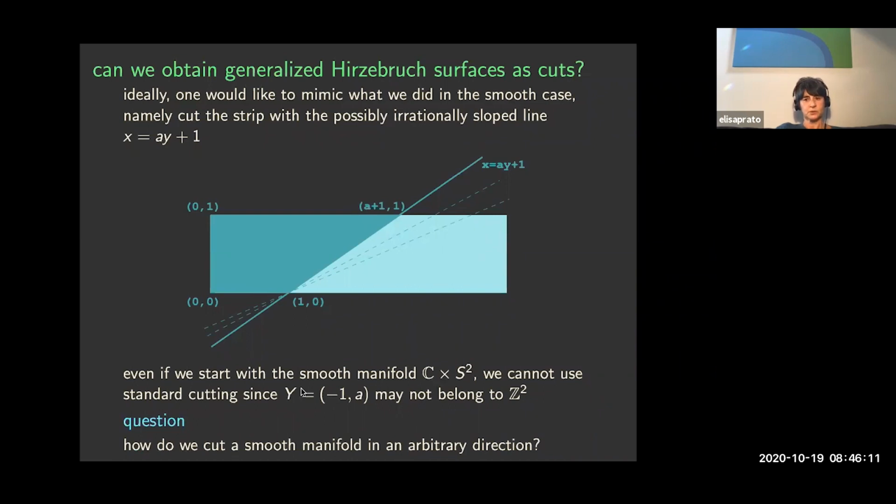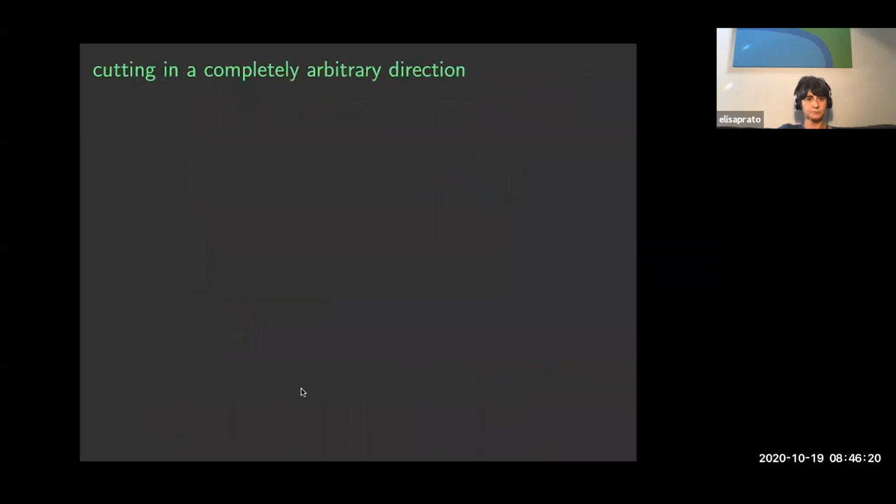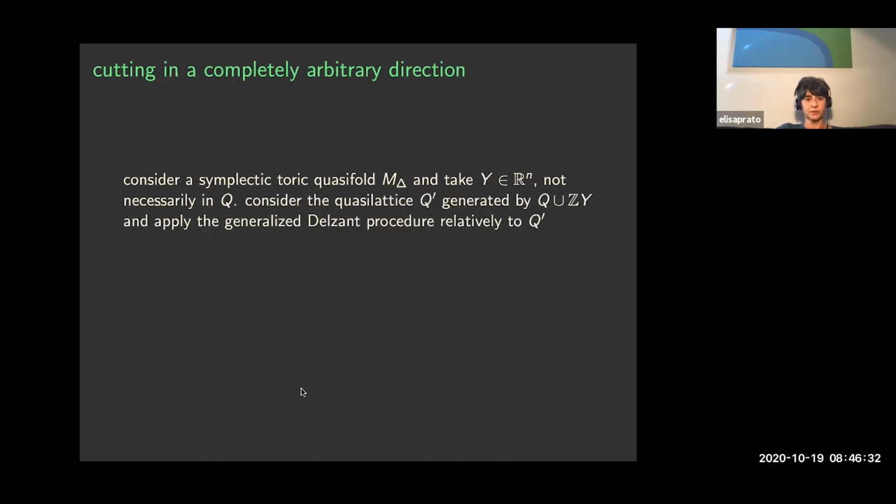So the question here that we need to address is how to cut a smooth manifold in an arbitrary direction. So more generally, we address the idea of cutting a quasifold with an arbitrary direction that does not belong to the initial quasilattice, or to the initial lattice if we think of the previous example.